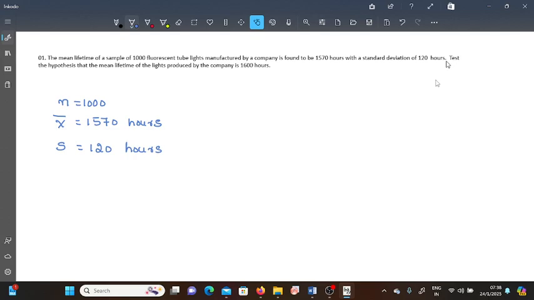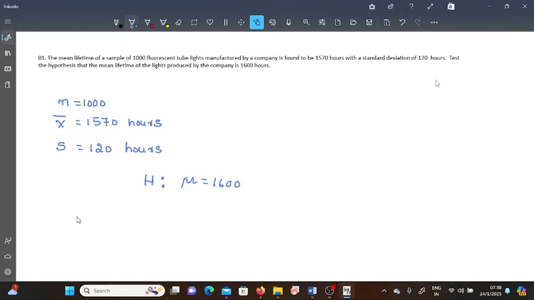Now we need to test the hypothesis that the mean lifetime of the lights produced by the company is 1600 hours. That means the population mean is 1600 hours.